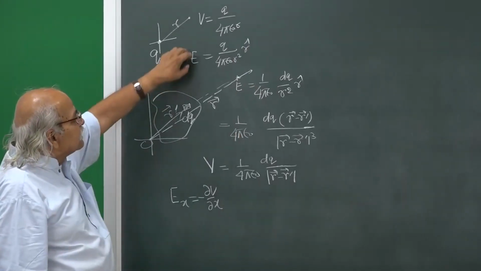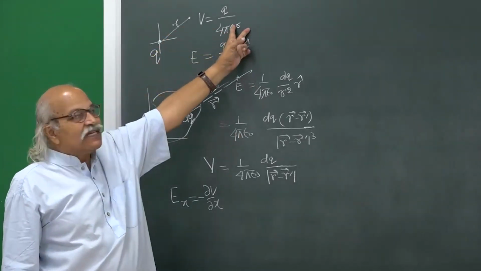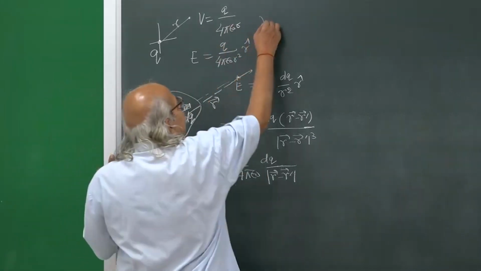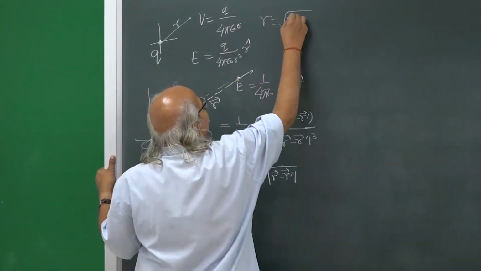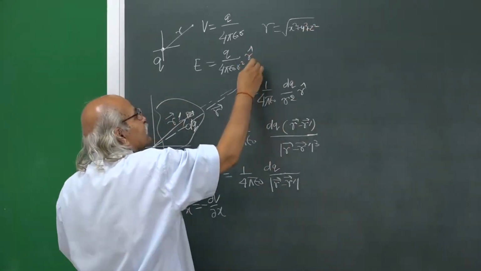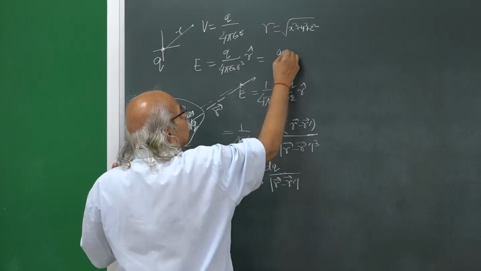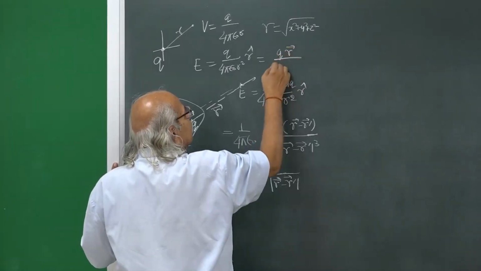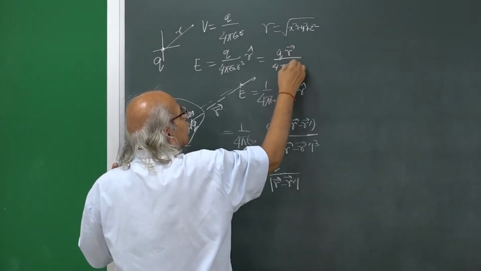Now, this E and this V, you can write in terms of x y z. r is square root of x square plus y square plus z square. And similarly here, you can write this as q r vector divided by 4 pi epsilon naught r cube.